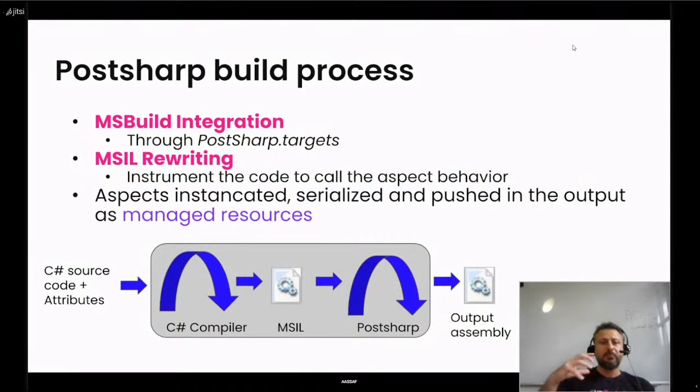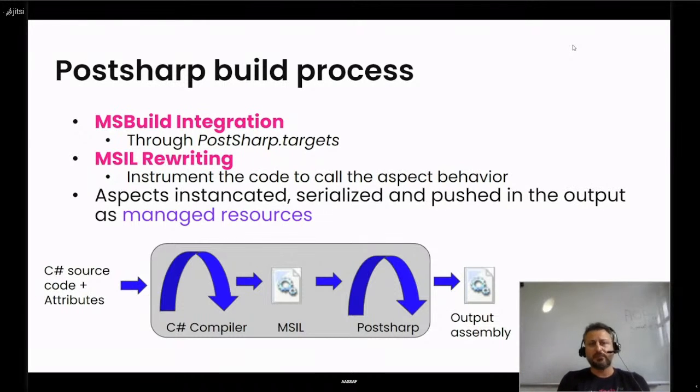It's also important to understand how PostSharp works. There are two concepts: the MSBuild integration and the MSIL rewriting. With AspectJ, we extend the Java compiler in order to support additional artifacts like aspect, pointcut, and advice.